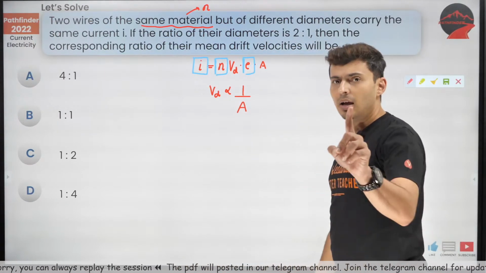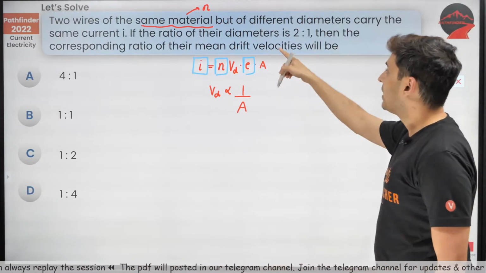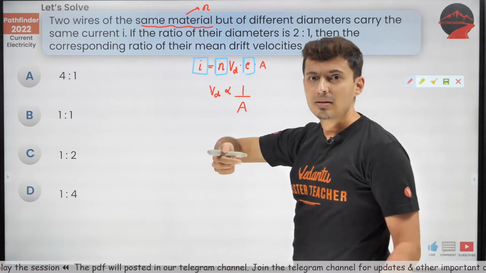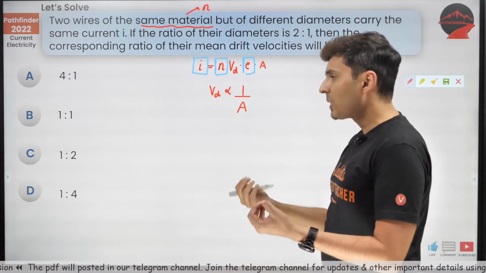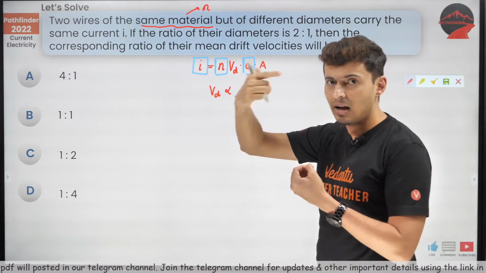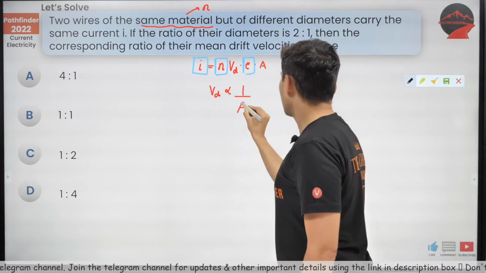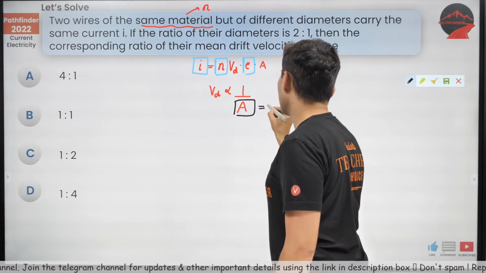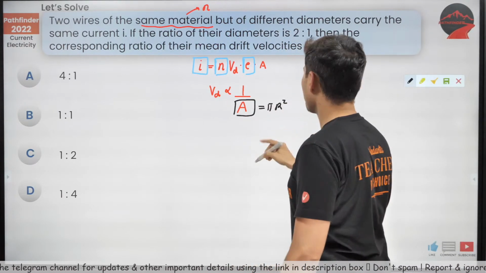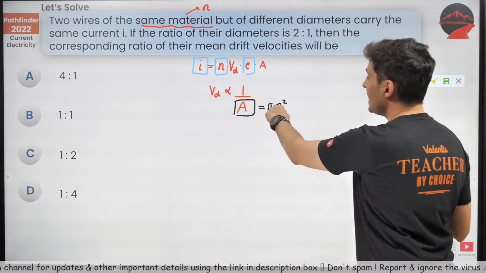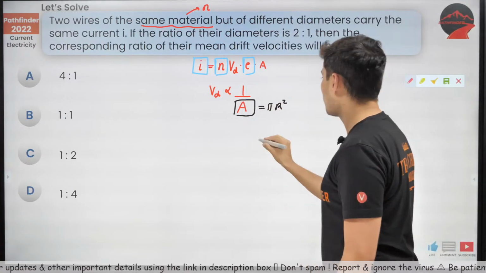Makes sense? Now the only thing is area is dependent on the diameter or radius by pi r square. Area is pi r square, right? So therefore, since this area is nothing but pi r square, drift speed is inversely proportional to r square.